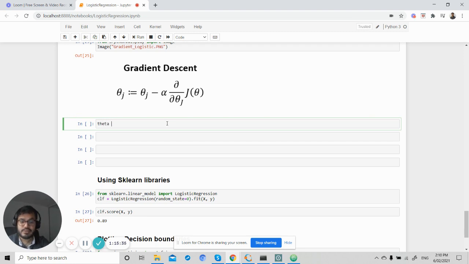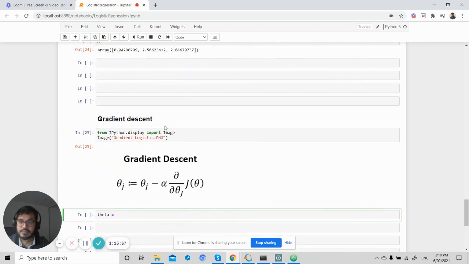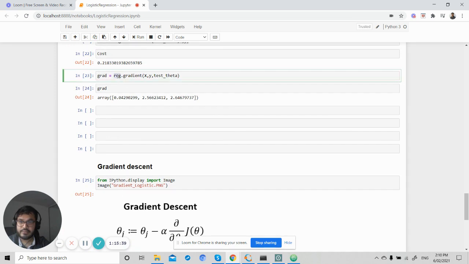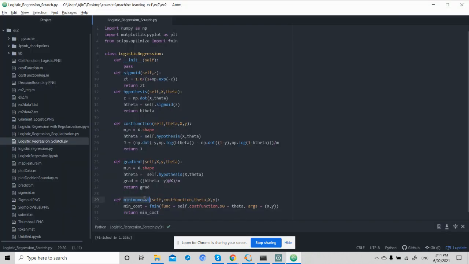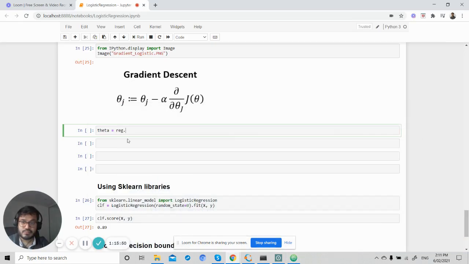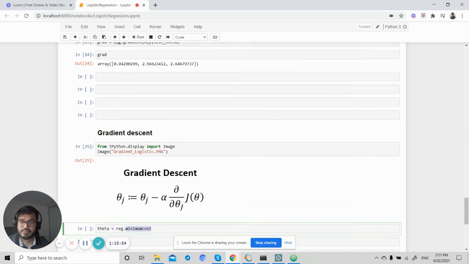So our theta will be, we have our object, dot, our function name is minimum cost.